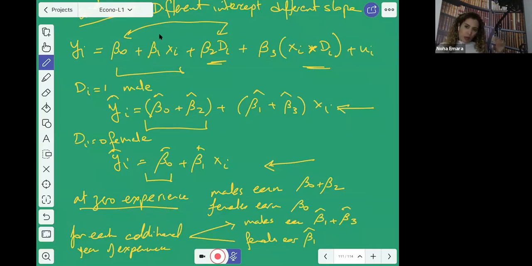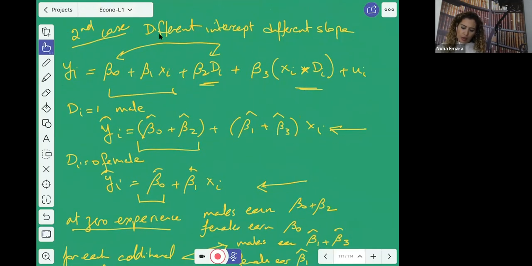So at zero experience males and females earn differently, but also for each additional year of experience the slope is different. So this model has different intercept and different slope. And I prefer this type of model in many applications because it's more realistic. When I talk about labor market discrimination, it's not only about zero experience where males earn more, but also that for each additional accumulation of experience, the slope is higher for males versus females. Okay.